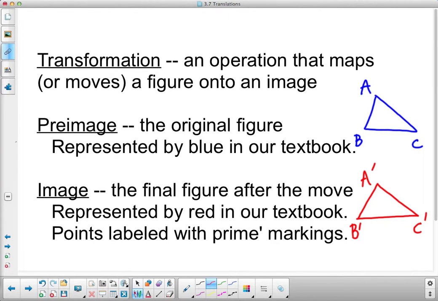So by looking at the points, you can tell which ones match up. If I wanted it to flip over, I would have put the A probably on the bottom and the B on the top or something like that to get it to flip. So the prime markings indicate the final figure when the color coding is not possible.